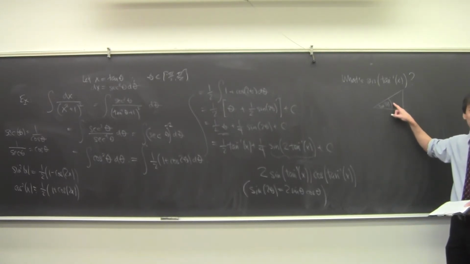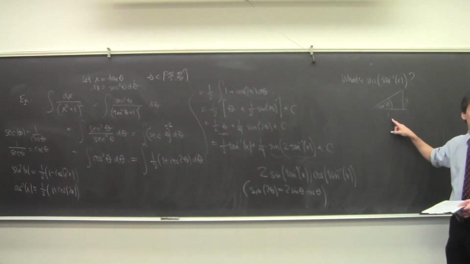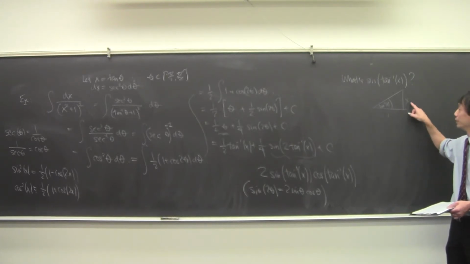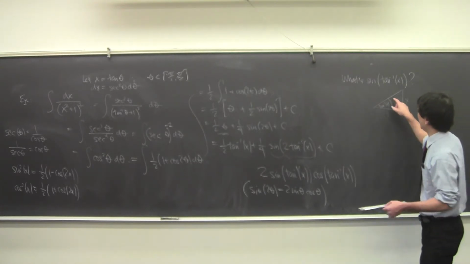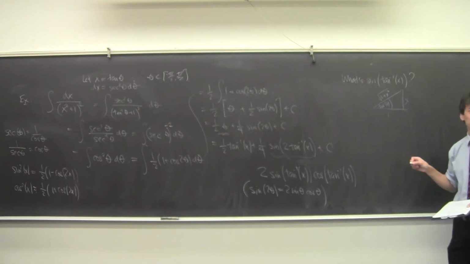The tangent of arctan x is just going to be x, right? So I know that the ratio of opposite over adjacent is x to 1. That tells me that this side length is the square root of 1 plus x squared.